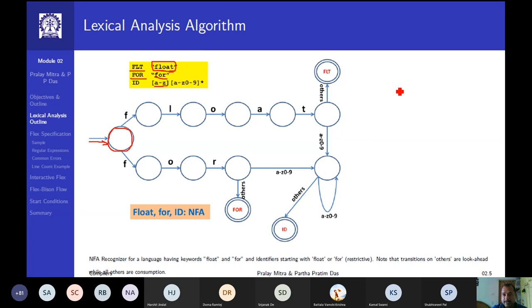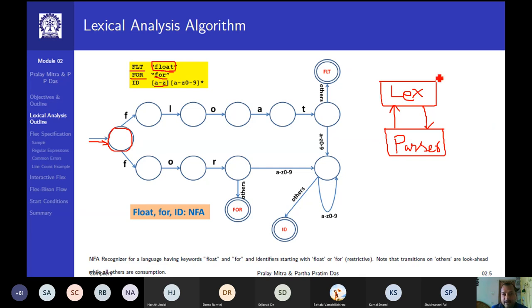That's why in the compilation process there are two boxes. If this is my lex, the lexical analyzer, and this is my parser, the parser asks the lexical analyzer, give me the next token, and the lexical analyzer sends the next token.